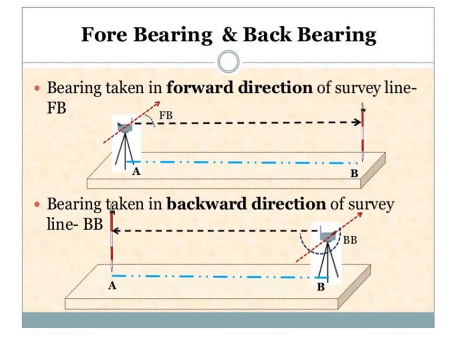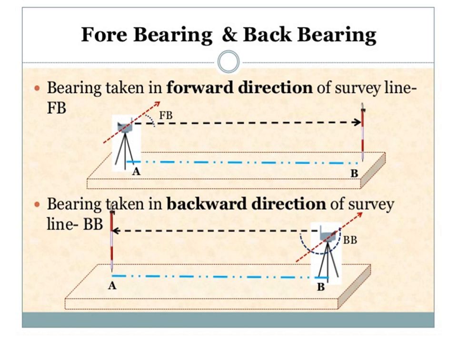In this slide we are going to see what is fore bearing and back bearing. Bearing taken in the forward direction of a survey line is called fore bearing. Here the instrument is set up at A and the survey line is AB. So in the direction of AB, whatever bearing is taken in the forward direction is called the fore bearing of a line.